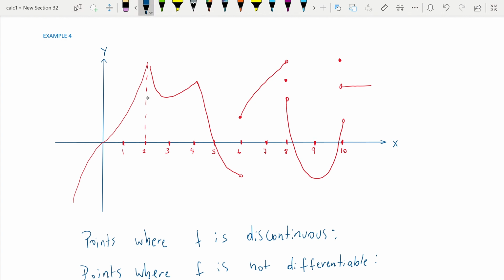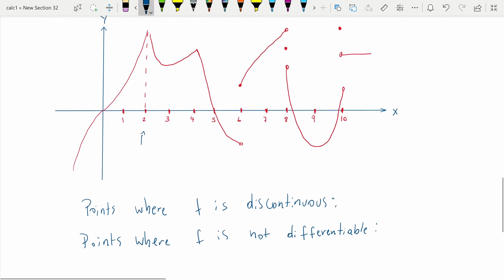Here we notice something funny happening at 2, so we have an infinite type discontinuity. So 2 is a point where f is discontinuous. Nothing happens here, so you don't see any jumps in the graph of f up until 6 again. Then when x is equal to 8, you also notice something funny happens, so there was a jump, a break in the graph of f.